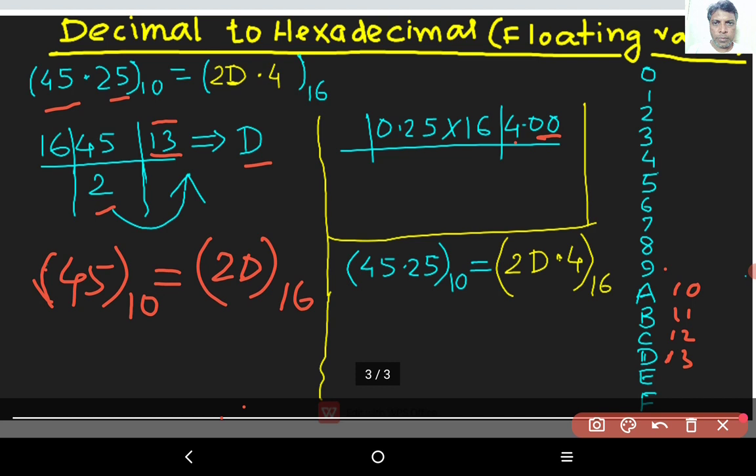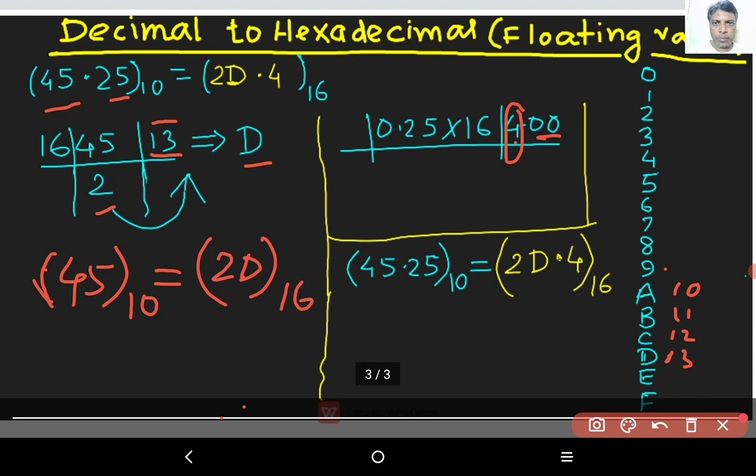The hexadecimal form of 0.25 becomes 0.4, as we take the digit before the point.